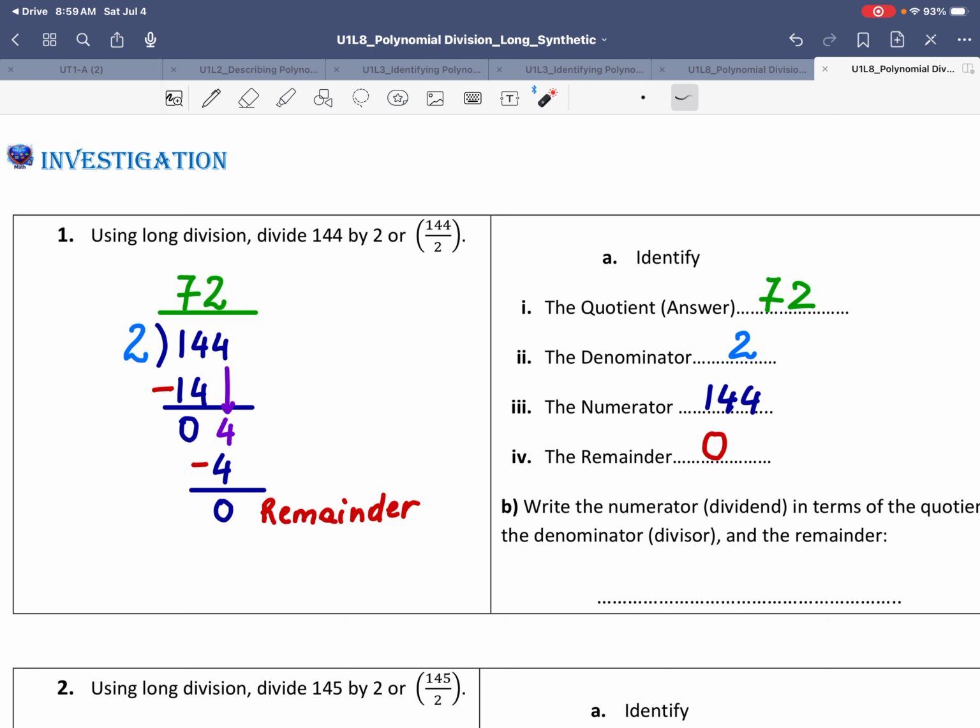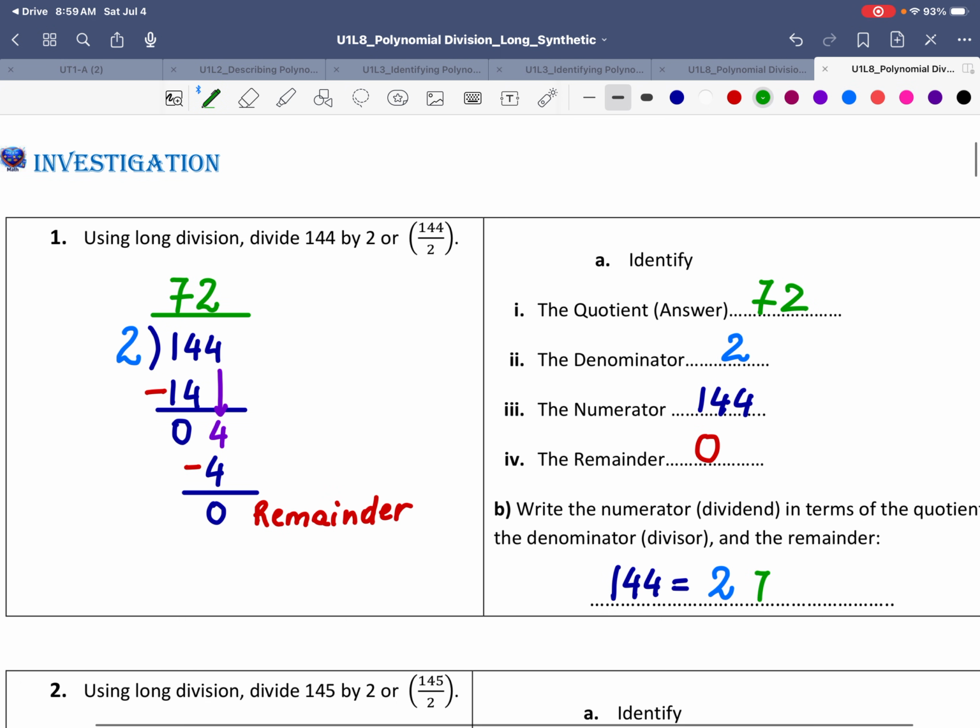If we were to write the number that we divided by its denominator and the answer or the quotient and the remainder, then you would say that 144 is equal to the product of 2 with 72, and obviously we would have to include the remainder in it as well, so plus 0.